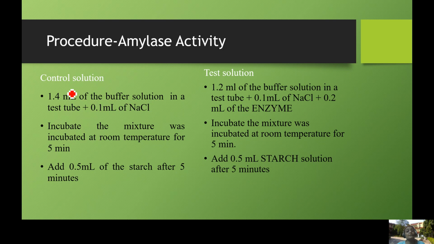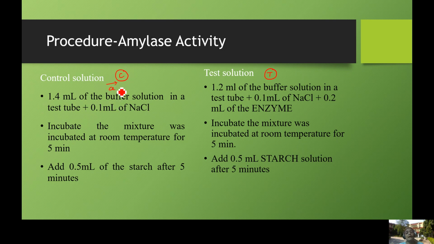Now, after you have drawn the maltose standard curve, you will take 2 clean and dry test tubes. Now, this is the enzyme activity part. We have done the standard curve, and the enzyme activity part comes now. We will label one clean and dry test tube as control, and the other as test. In the control, you first pipette out 1.4 ml of the buffer solution.